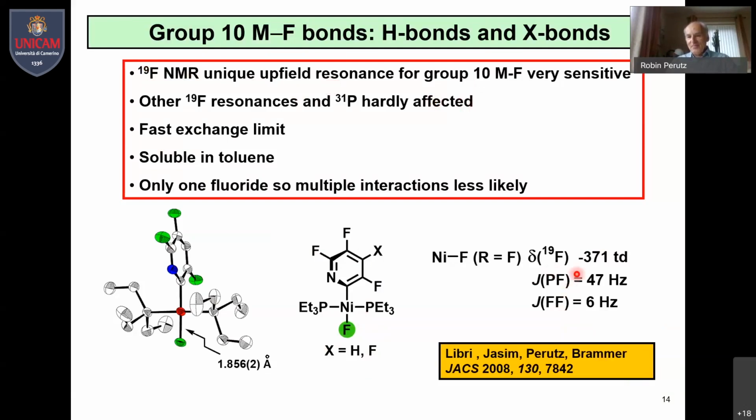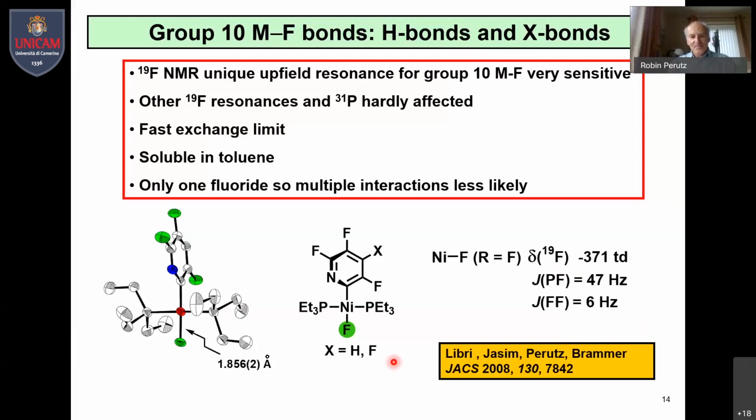In fact, it comes at minus 371 parts per million, coupled to the phosphorus and one of the other fluorines. So this is so well separated from all the other fluorine resonances, we never get any overlap problems.